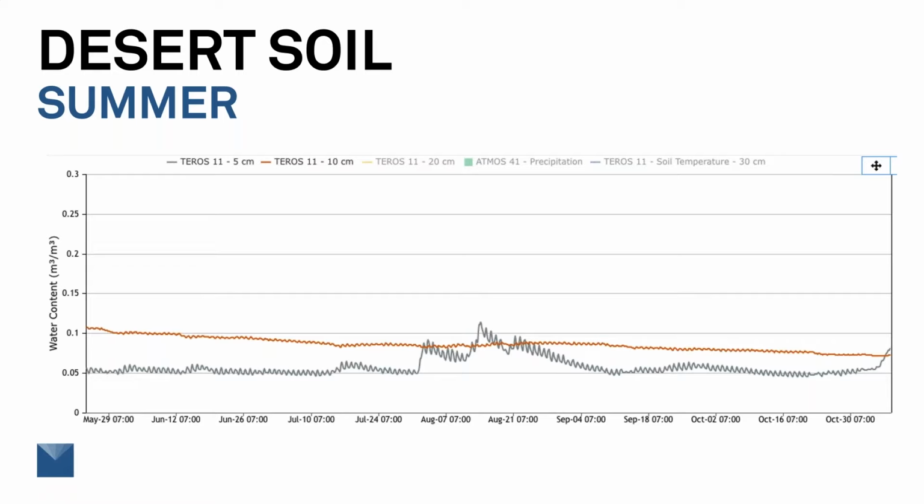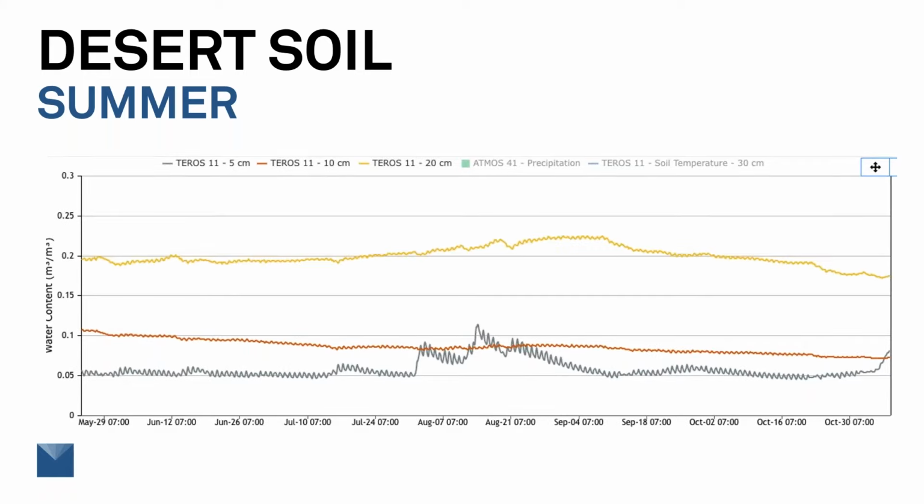So a lot of it's not making it down, although some is, and that's indicated by our 20 centimeter sensor. This is really interesting that the 20 centimeter sensor is sitting at about 20% water content, and even a little above through those what we presume to be rain events. There in August, we actually see the 20 centimeter sensor increasing.